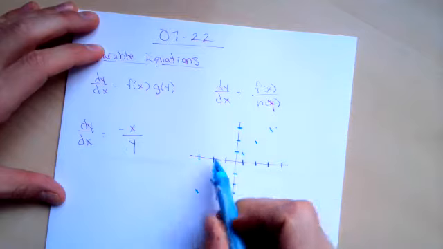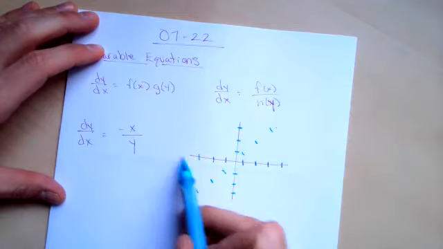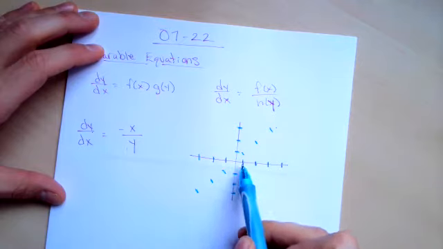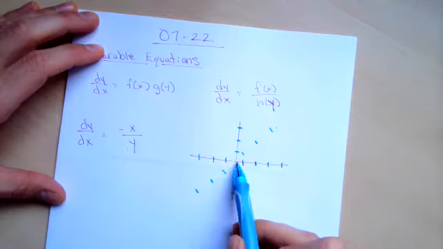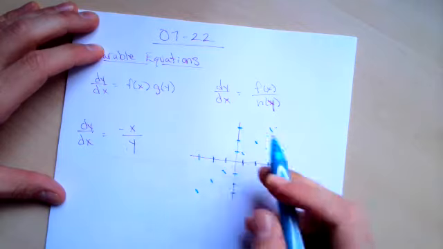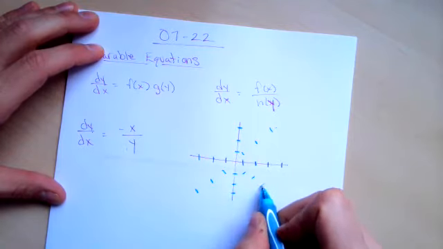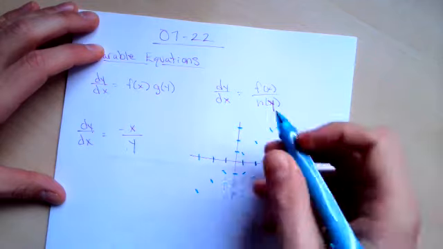And then likewise along the line x equals negative y, or y equals negative x, so that's 1, negative 1, 2, negative 2, we will get a positive 1 slope. So we get a vector field, or a slope field, that looks kind of like this.